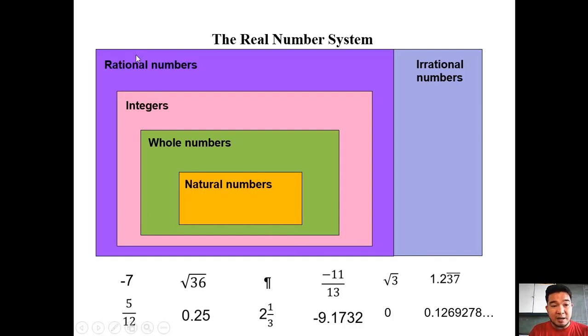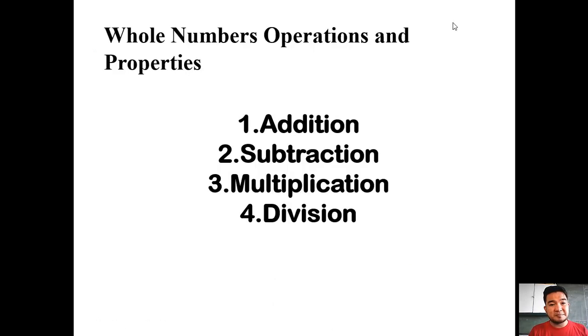That is an example of a rational number. 0.1269278. As you can see, we do not have a pattern here, with 3 dots, which means infinity. So this is an example of an irrational number. And those are the properties of the different types of numbers under the real number system.